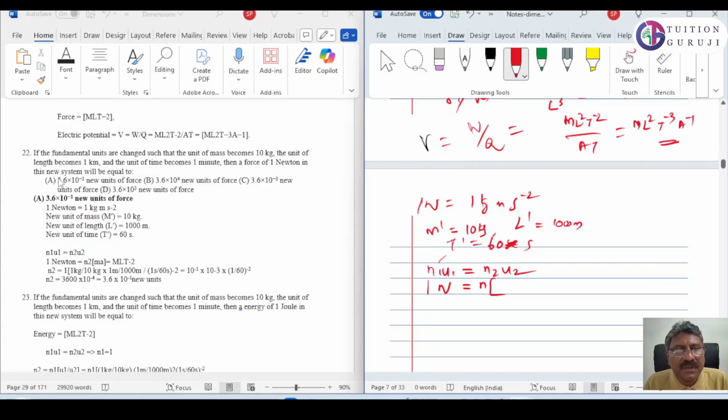Then the force of 1 Newton in the new system becomes, okay, for force the dimension is M L T raised to minus 2.